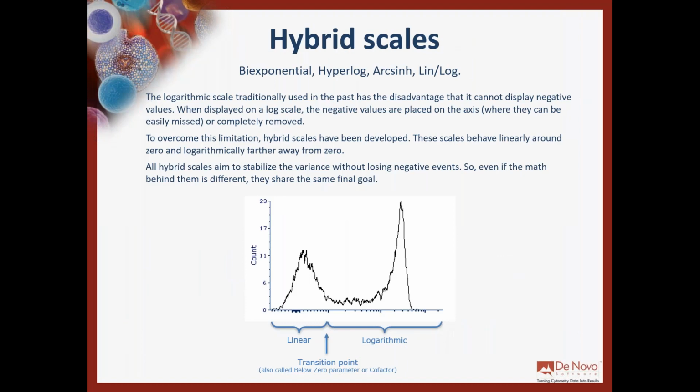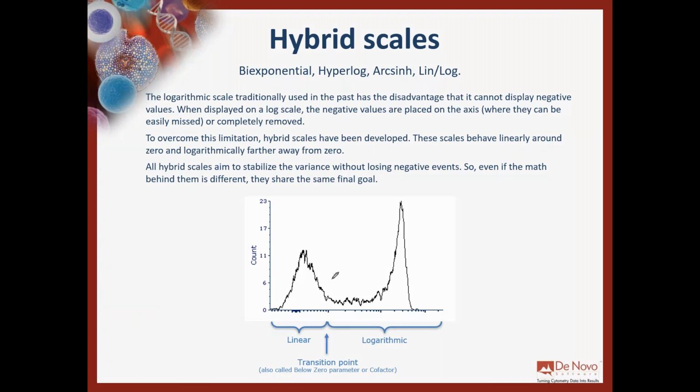So which scale shall we use? Not log, unless you're dealing with data that doesn't have any negative values. Usually use a hybrid scale, so biexponential, hyperlog, arcsinh or lin-log. They all do the same thing, basically, in mathematically different ways. What they're doing is transforming the data with a mixture of linear and log scale.